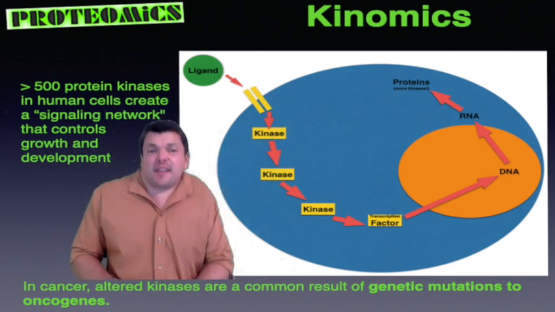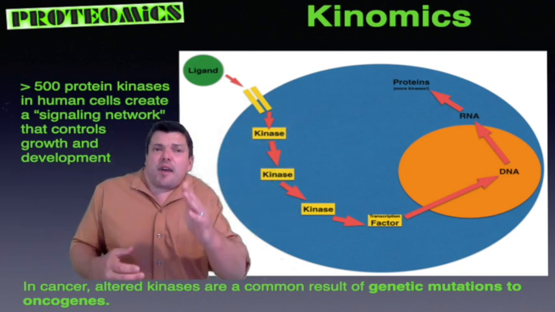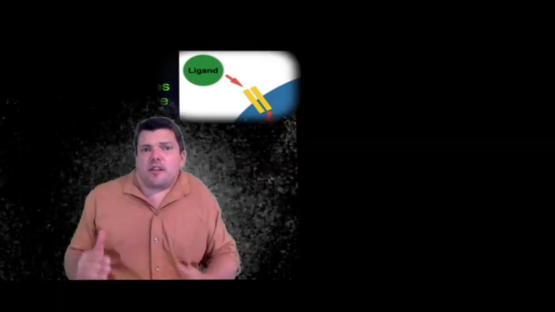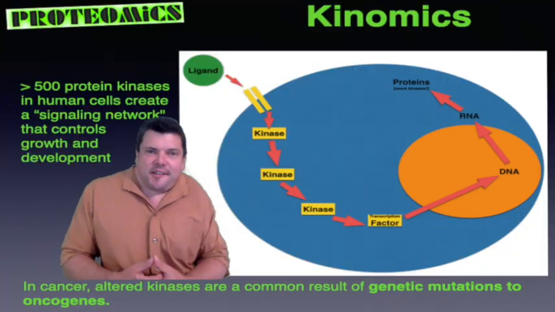In fact, ligand binding and cell signaling involves this kind of intracellular lily pad of proteins, eventually leading to the nucleus, upon which DNA is transcribed and proteins are translated.